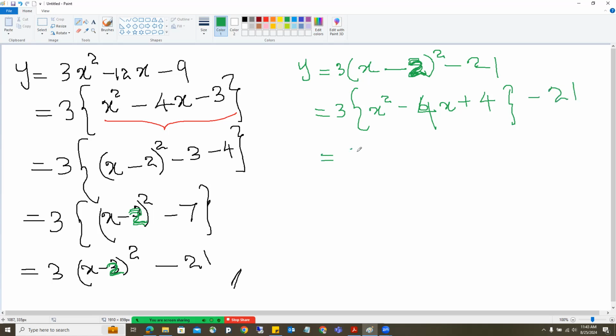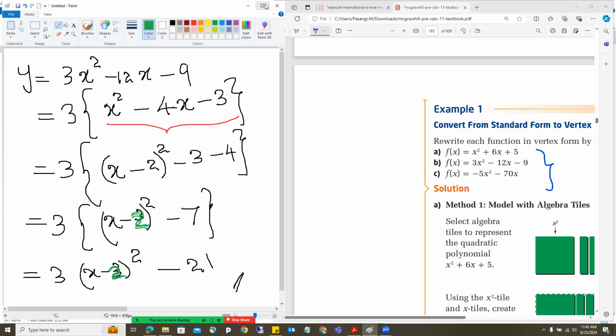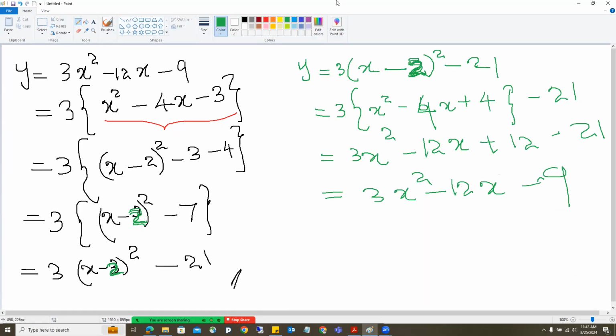Now we can check the answer: 3x squared minus 12x plus 12 minus 21. That is, we have 3x squared minus 12x minus 9. So that's what we have. It's clear, right? Okay.